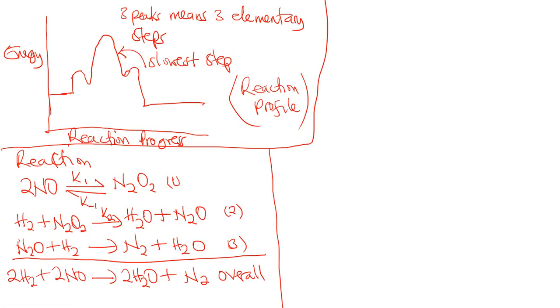And we know that step 1 is fast but in equilibrium, step 2 is slow, and step 3 is also fast. Now, how do we solve a problem like this one?